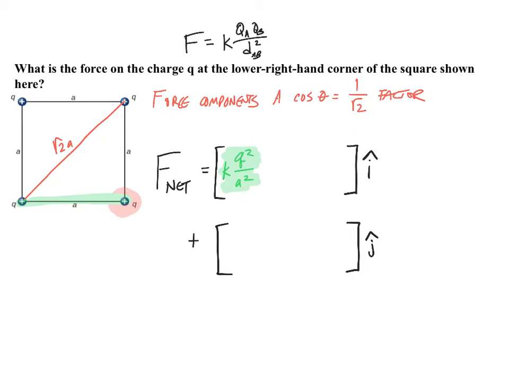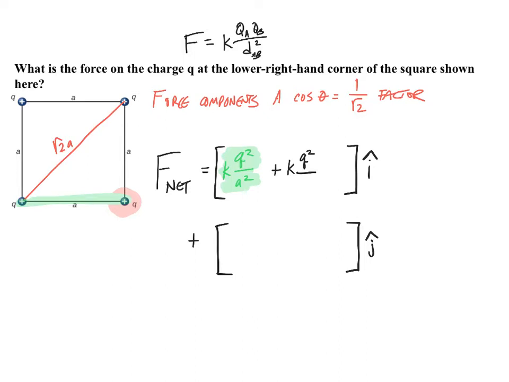Now I'm also going to have this other part. The top left corner is going to be a K, still Q squared, because it's a Q and a Q interacting with one another. But what do I get? The diagonal is the same in both directions.